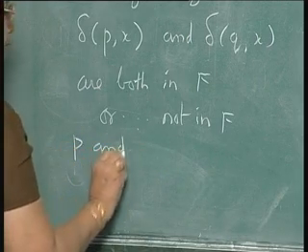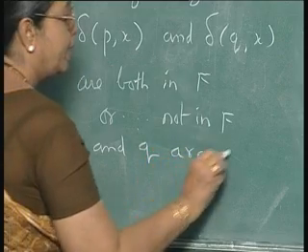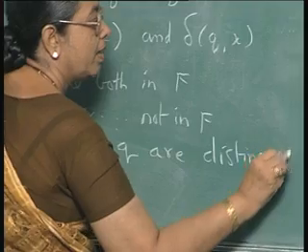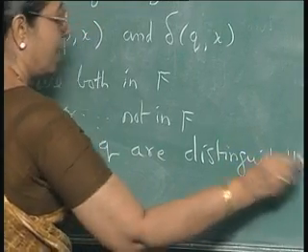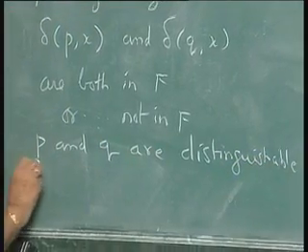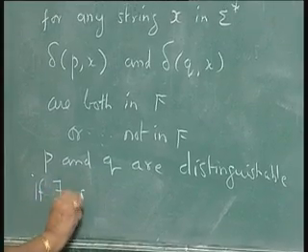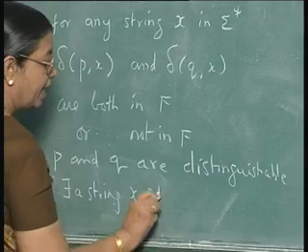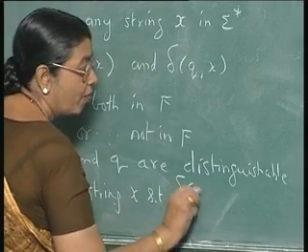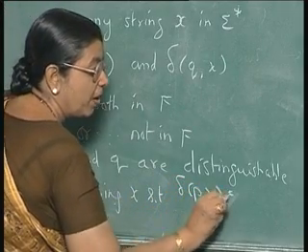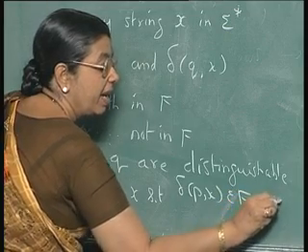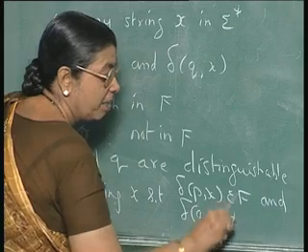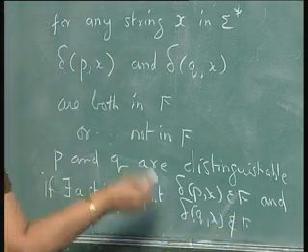P and Q are distinguishable if there exists a string x such that delta of P of x belongs to F and delta of Q of x does not belong to F, or the other way around.